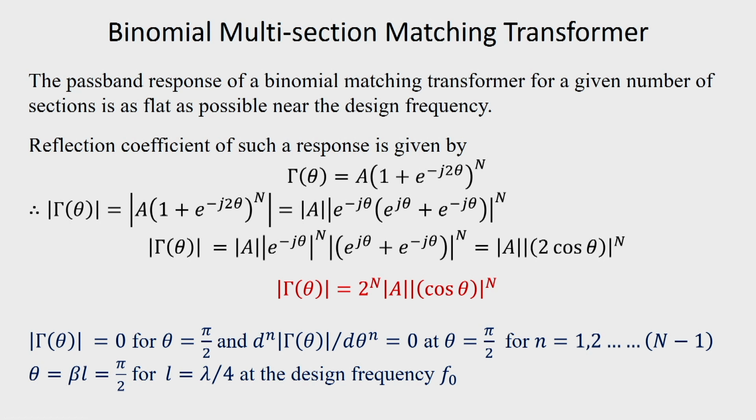That means, now we are considering a binomial multi-section transformer where each transmission line section is lambda by 4 or quarter wave long at the design frequency.